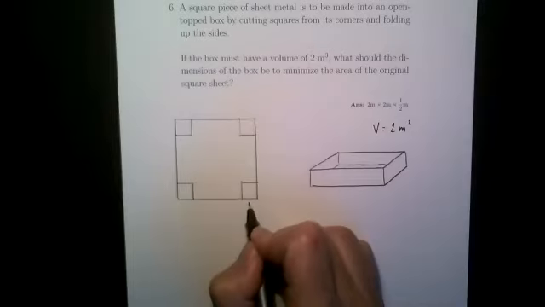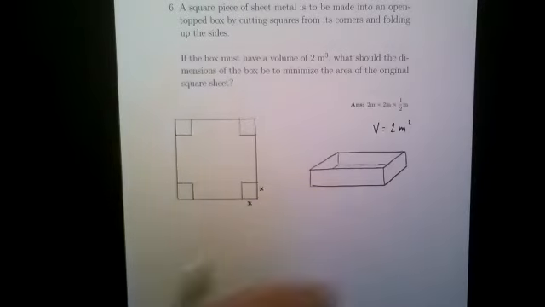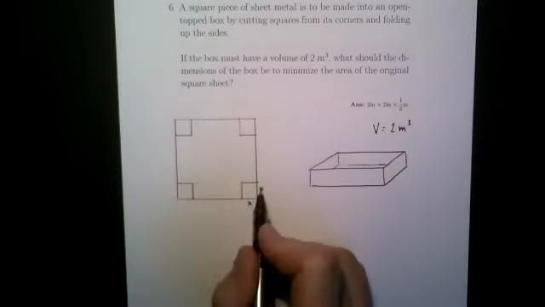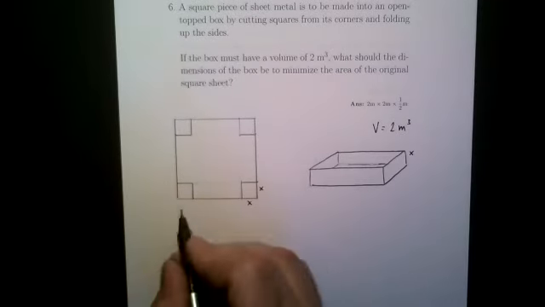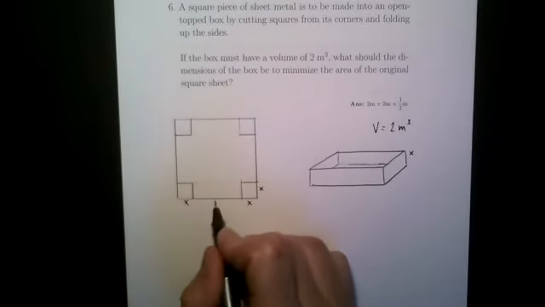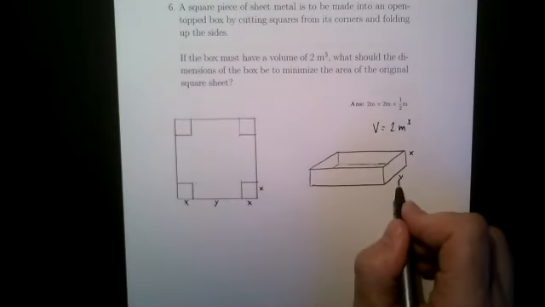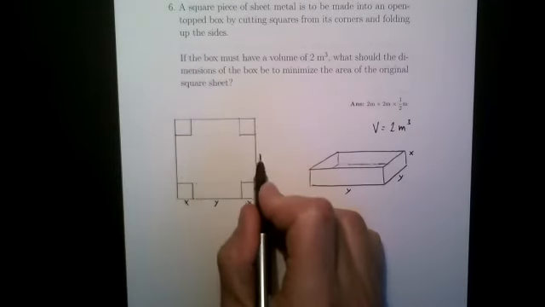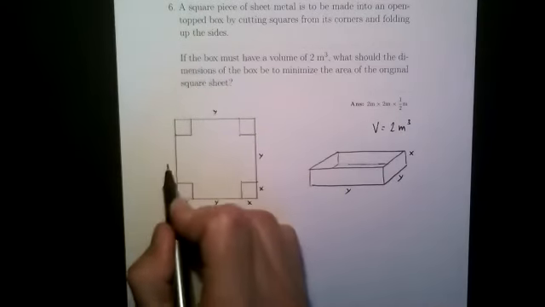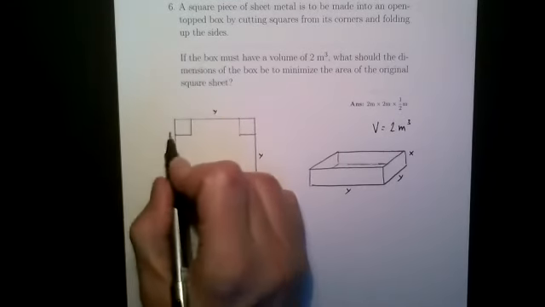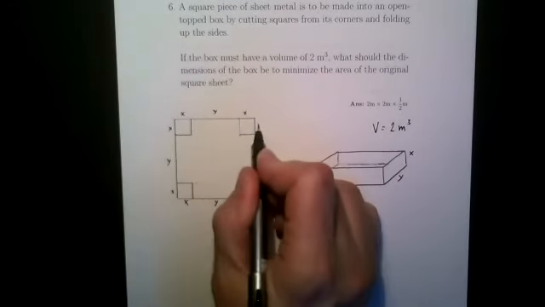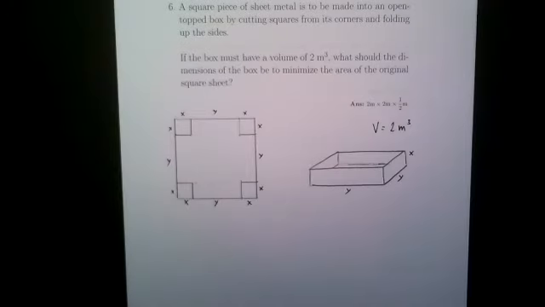Let's say I'm cutting here X and X, and therefore this will become the height. And let's call this Y here, which is the base. X, X, X, X, X. You understand what's going on here?